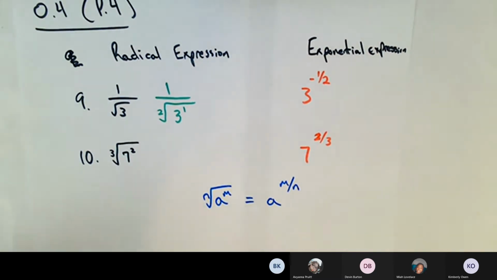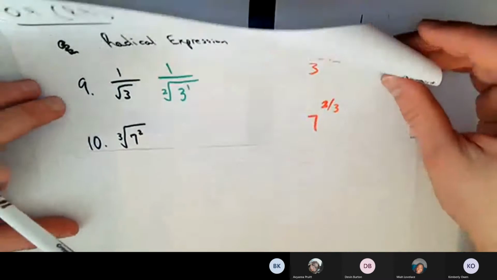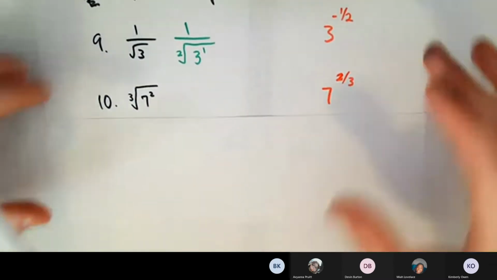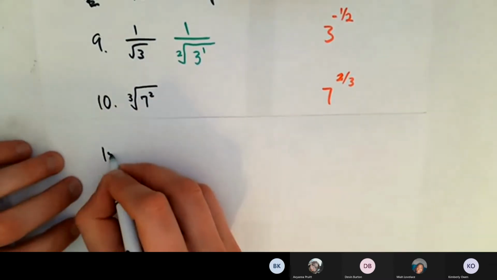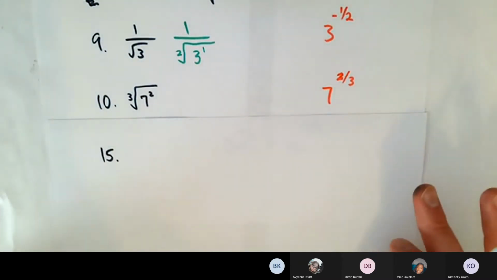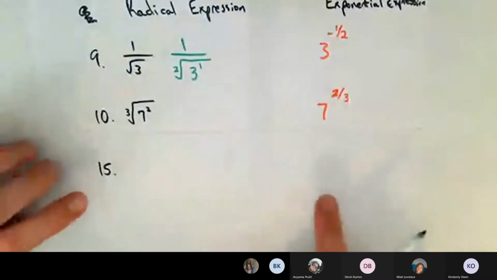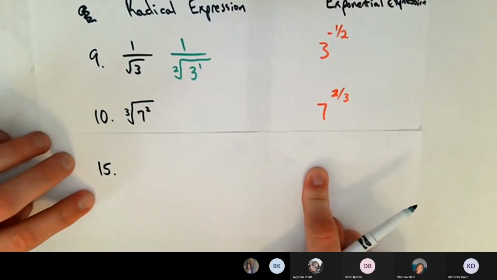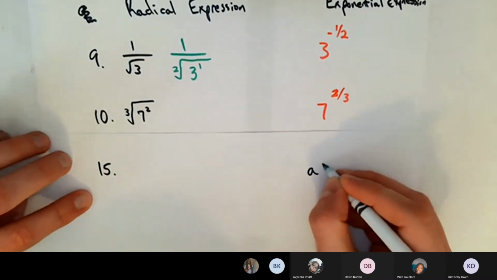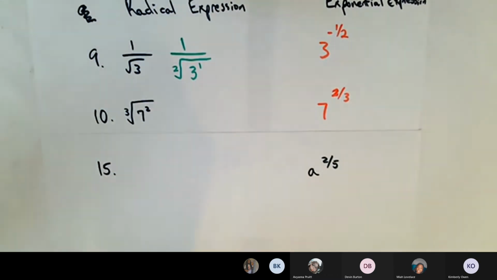Number 15, they give you the exponential and ask for the radical. So all these problems like 9 through 19, there's a big table with radical and exponential as the two columns. 15 gives you a to the 2/5 and asks for the radical expression version of it.